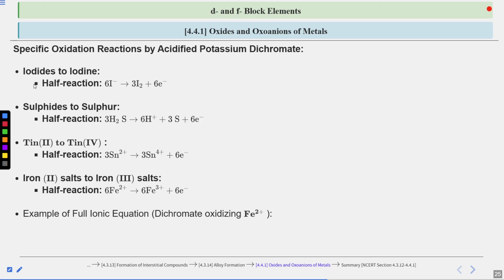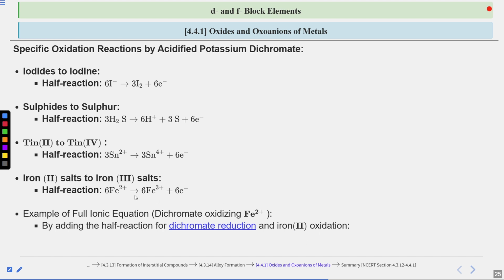Iodides to iodine, sulfides to sulfur, tin +2 to tin +4, iron +2 salts to iron +3 salts. An example of a full ionic equation, dichromate oxidizing the iron 2+ ion, is obtained by adding the half reactions for the dichromate reduction and iron +2 oxidation.